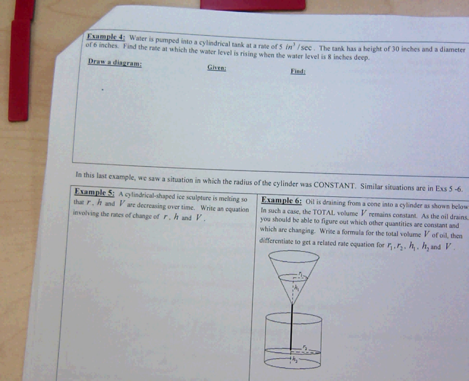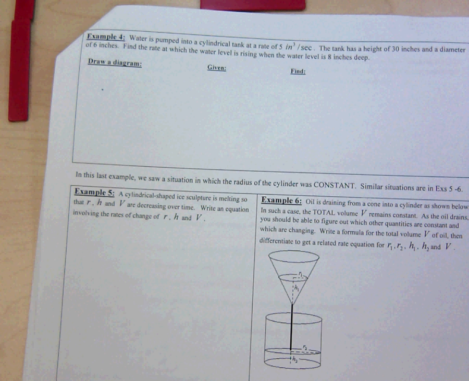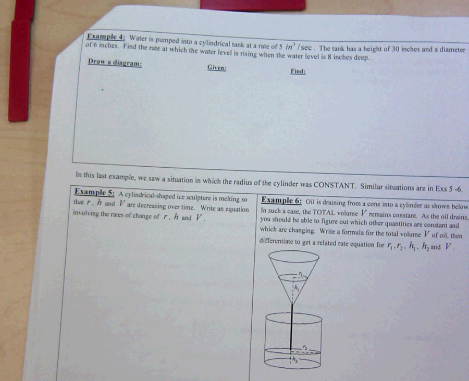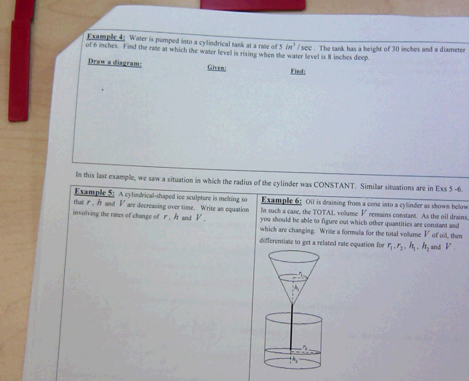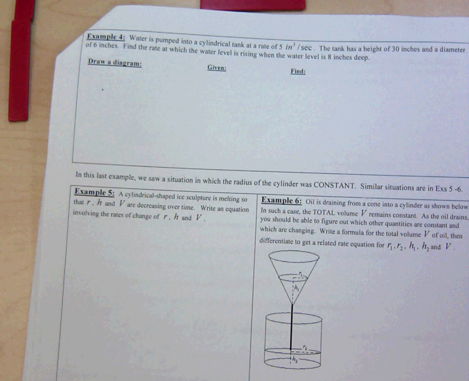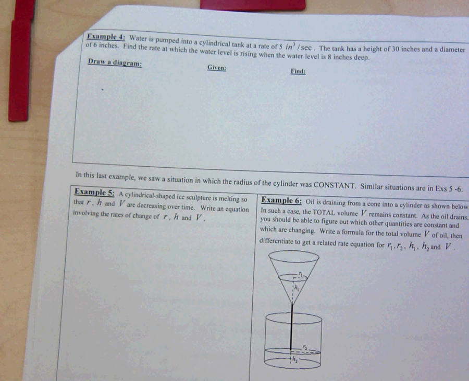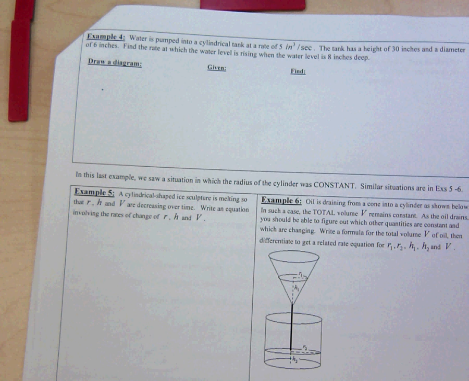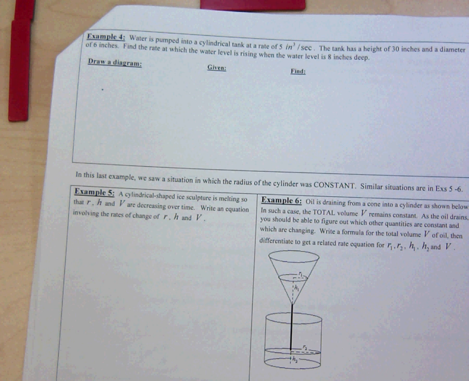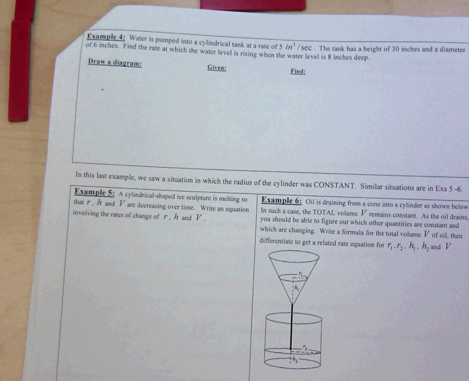Draw a diagram, guys. It's a cylinder, guys. Careful, not a cone. Don't get those two mixed up. It's a cylinder, not a cone. And put variables on things that will change, and put constants on things that won't change. That's what you want to do after you draw the diagram.